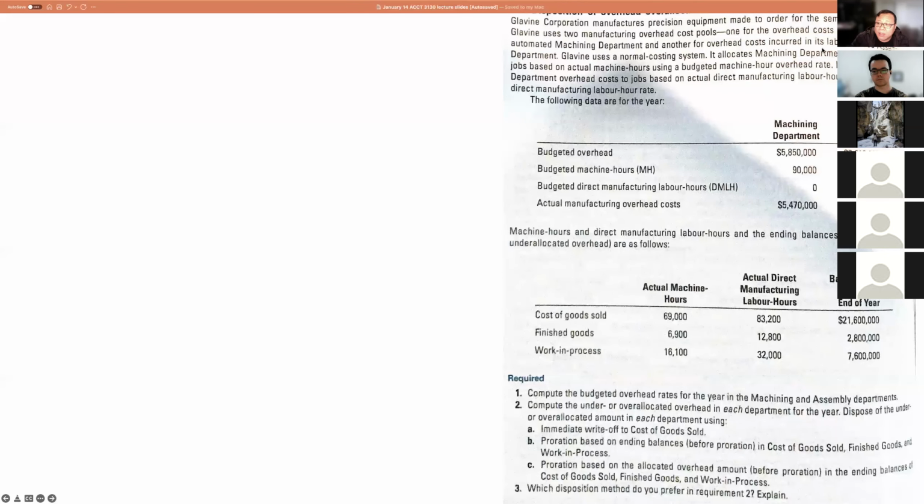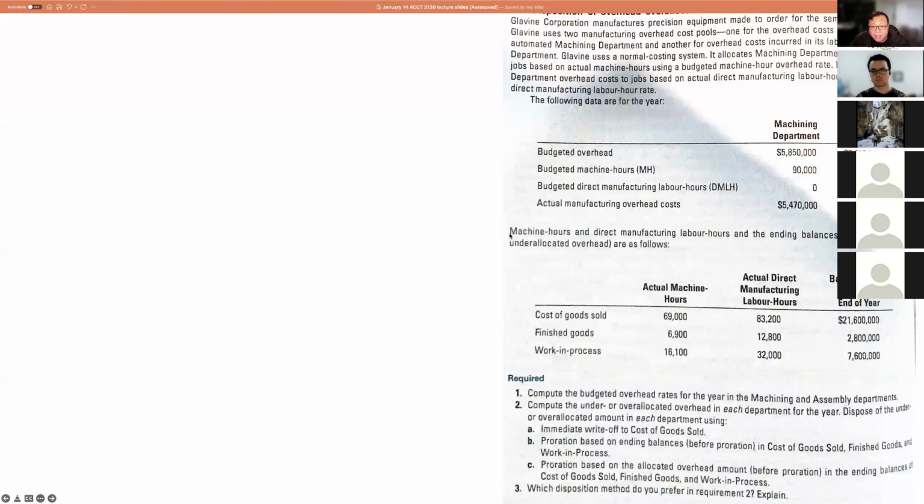So the question is pretty clear in terms of how they are doing this, right? And then we have some data here. The information we have is the budgeted overhead, budgeted machine hours, budgeted direct manufacturing labor hours, and actual manufacturing overhead cost.